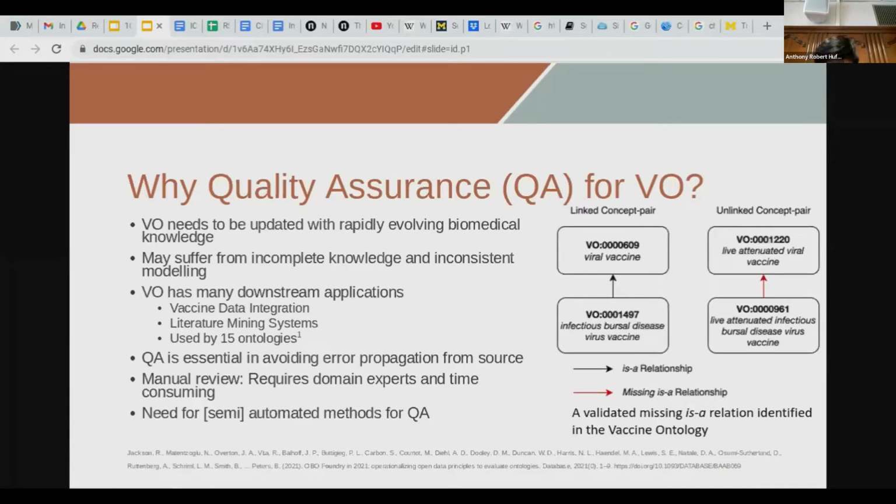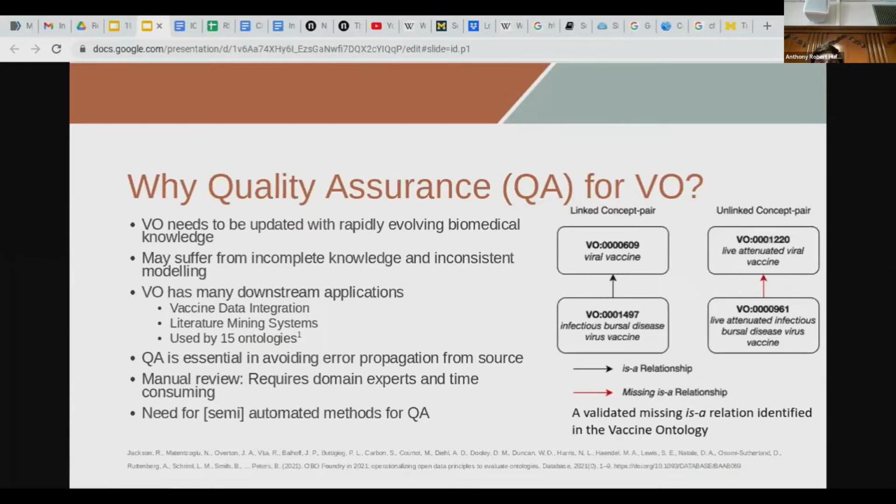So I have actually jumped the gun here and kind of shown what we have done in terms of using acquired term pairs. And this is actually one of the validated missing ISA relationships that we have identified. So why can't we do something similar in, for example, Protege? It does have inbuilt reasoning support, but what it really comes down to is errors of omission.